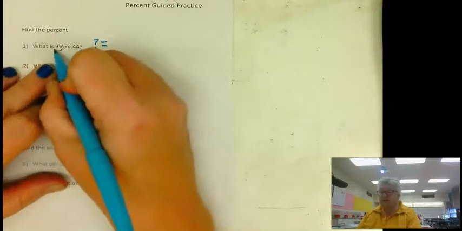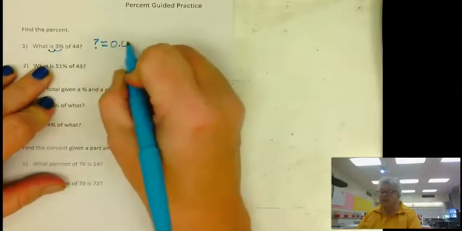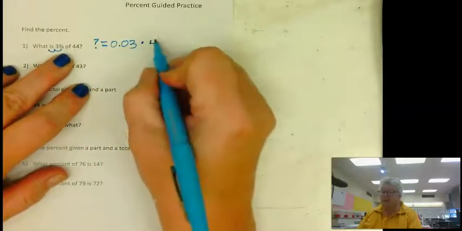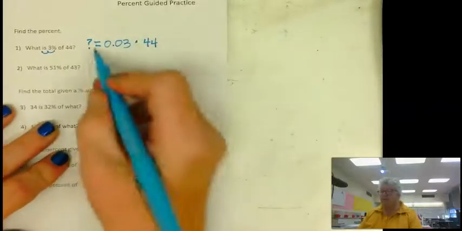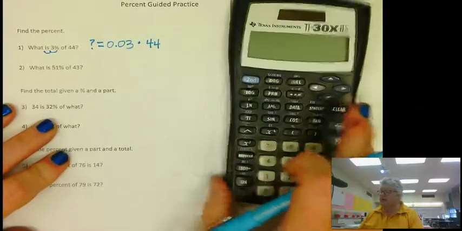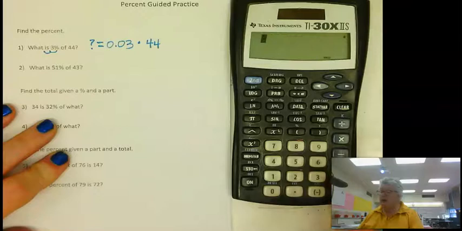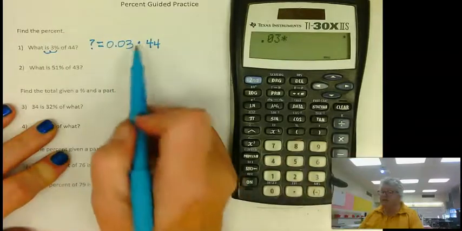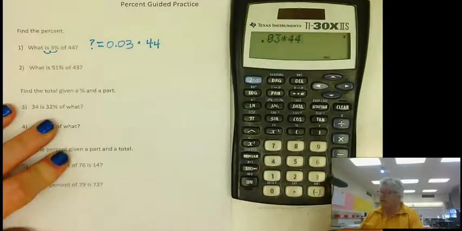So I'm going to move it. So that means I've got 3% of times 44. Well, I don't know, but I can do that. Okay, grab the calculator because we love it. We love it so much. 3% times 44.